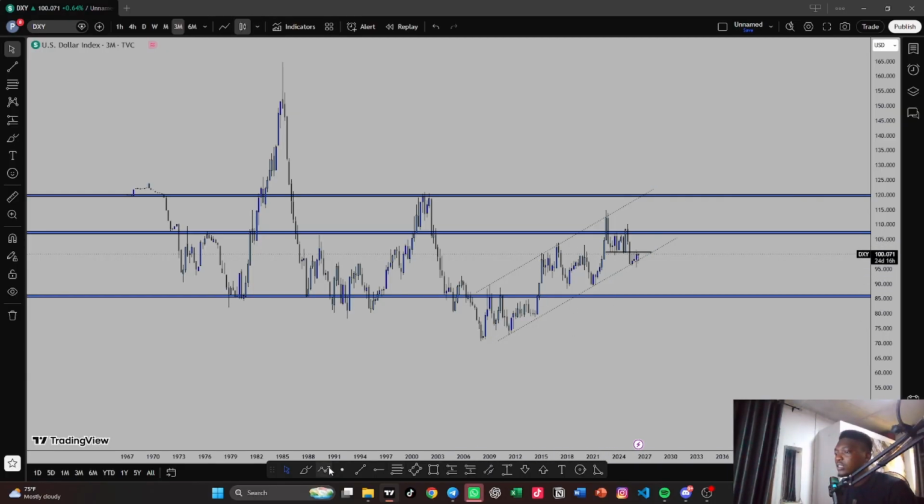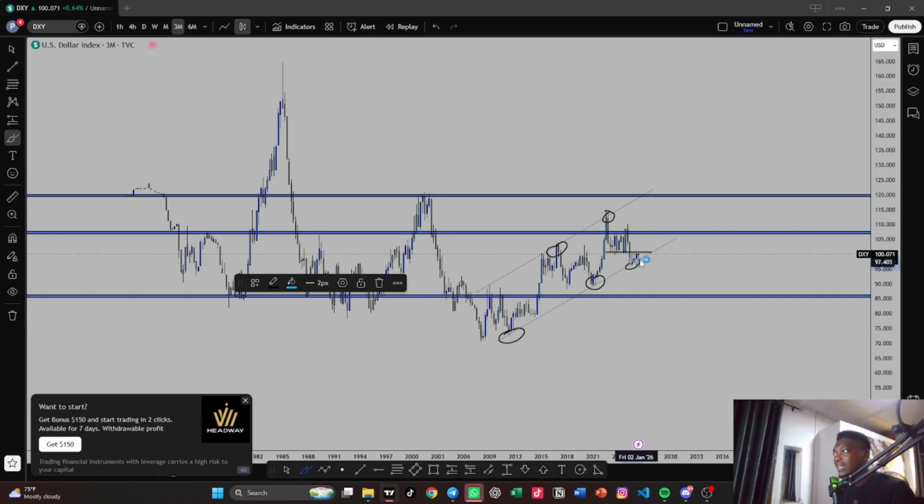If you understand channel trading, whenever price comes to the lower bound of the channel, we move up. Whenever we touch the upper channel, we move down. We push up, we push down. And here, what we are expecting technically is that price should continue to fire to the upside.